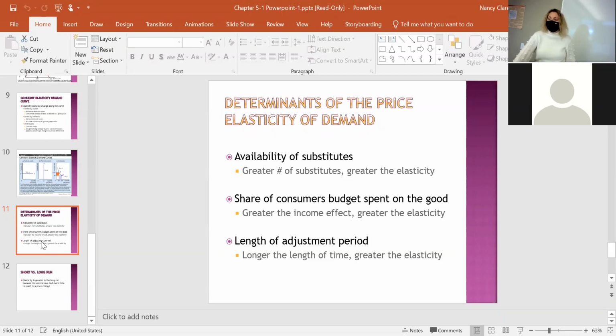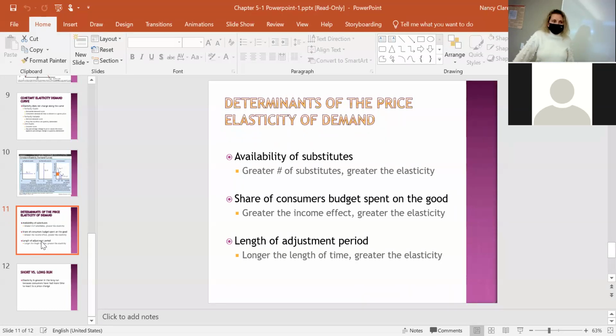And so you're going to start looking for other places to move because of that income effect. Now, if it's your Starbucks, yeah, not that big of a deal. Okay, so you're going to tend to be more inelastic about that.